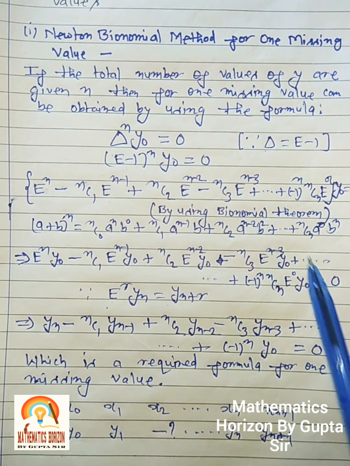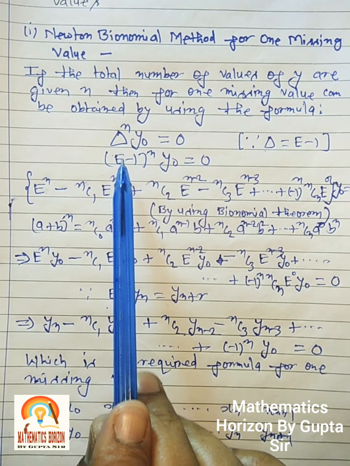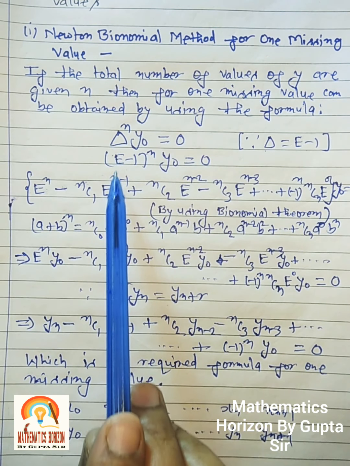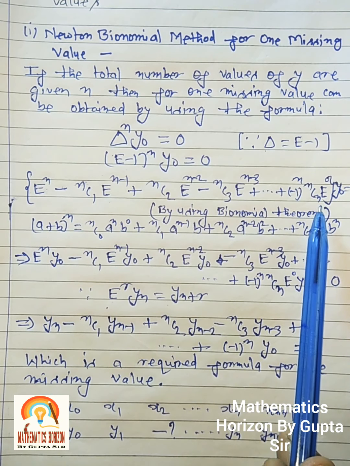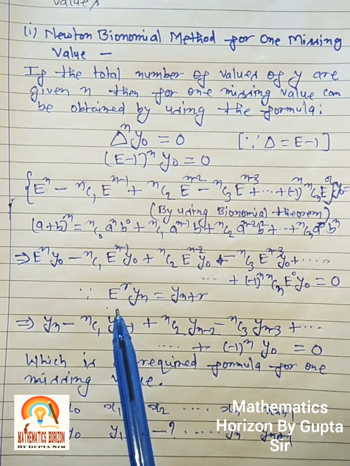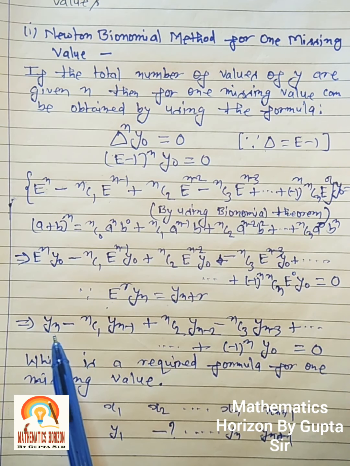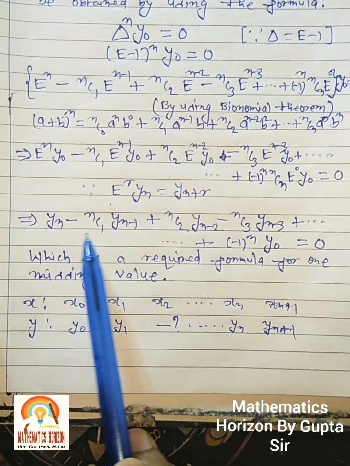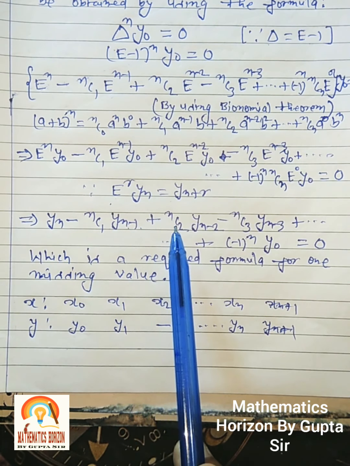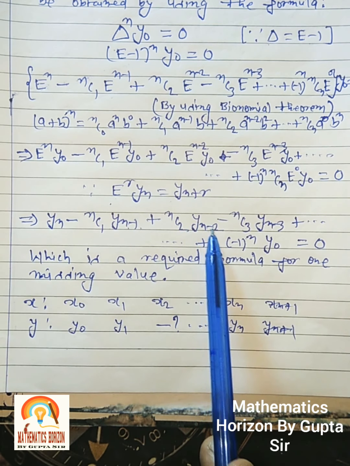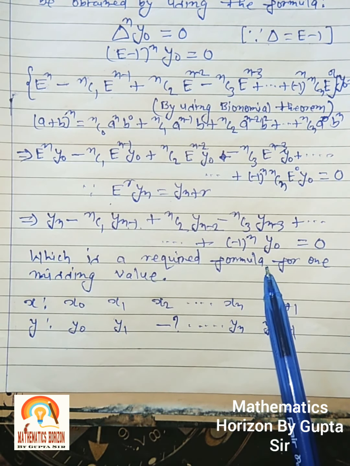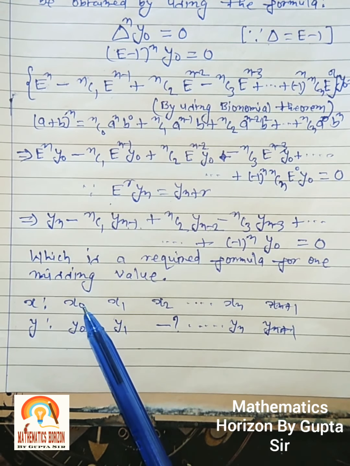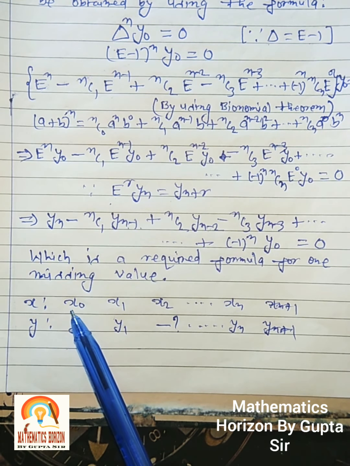This is the relation between forward and shift operator. Here we can replace delta by E minus 1, and expanding this by binomial theorem we get this term, and by using the shifting property we get yn minus nC1 y(n minus 1) plus nC2 y(n minus 2) minus nC3 y(n minus 3), which is the required formula for obtaining one missing value.